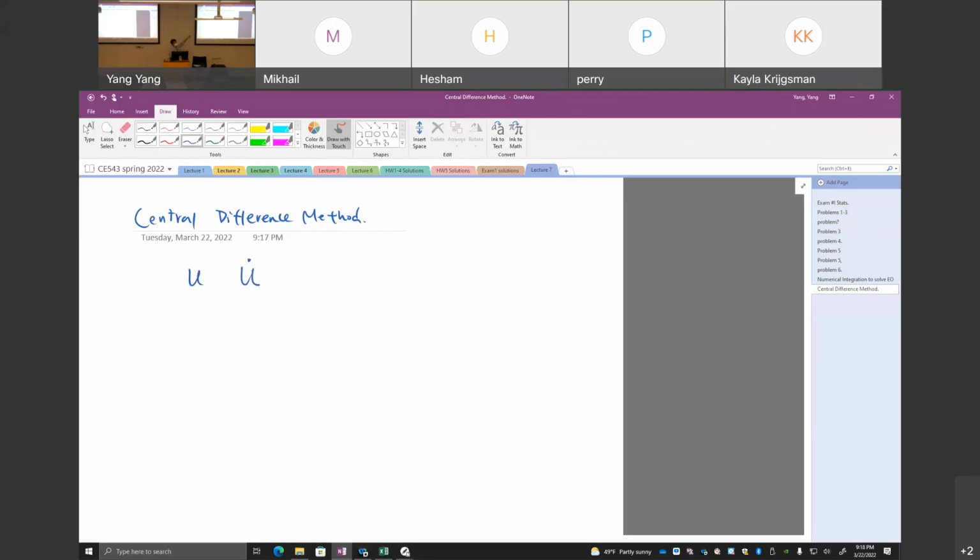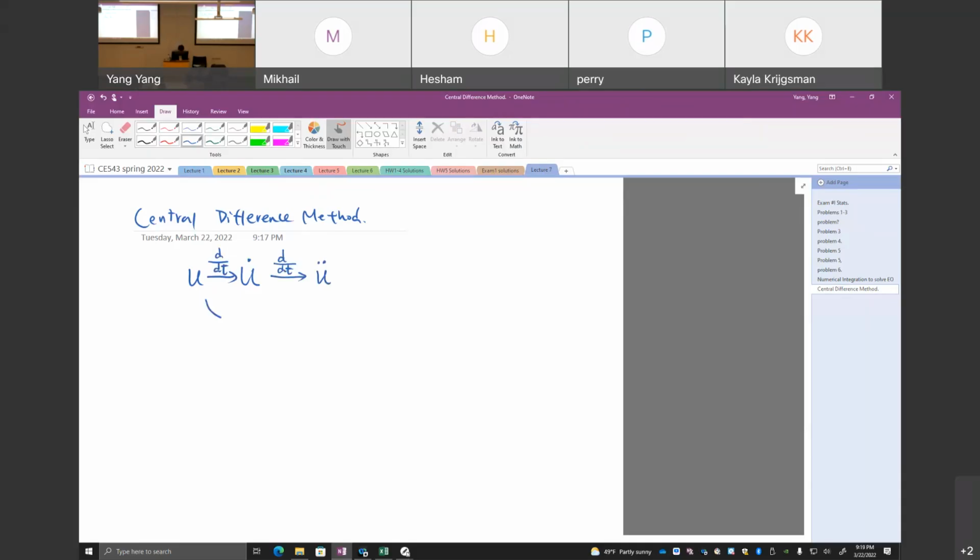If the displacement of the system is given to you, how can we get the velocity? We do a derivative with respect to time. So the velocity is the derivative of the displacement with respect to time. If we have the velocity, how can we get the acceleration? We do the derivative on velocity.